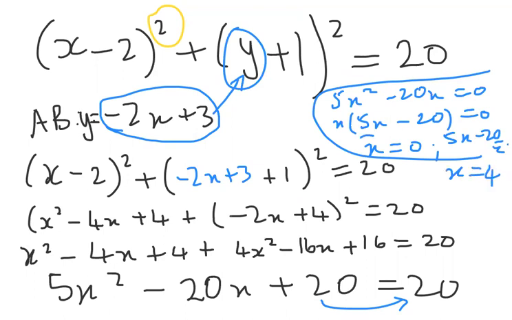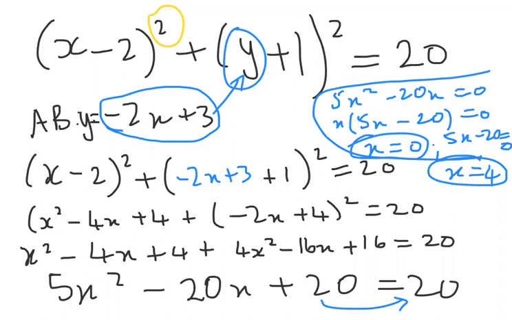If you work that out, you'll get x equal to 0 and x equal to 4. Sorry, my space is running out. That's 5x minus 20 equals 0, and then x equals 4. This is just previous grade's work, that's why I'm going much faster through this.